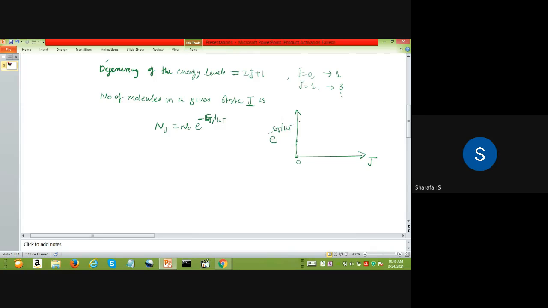So this is your maximum value. Next, we will have different EJ. When EJ is not 0, you will get that exponential decrease. So it will be going like this.